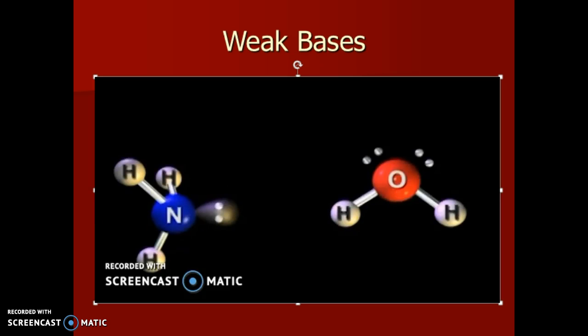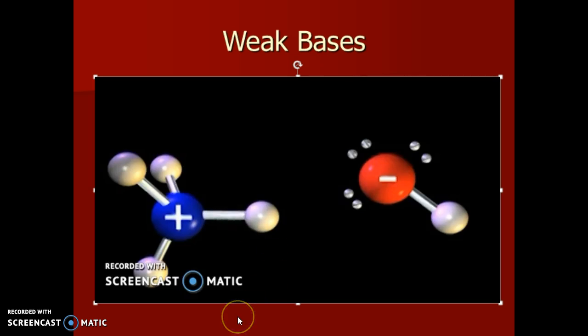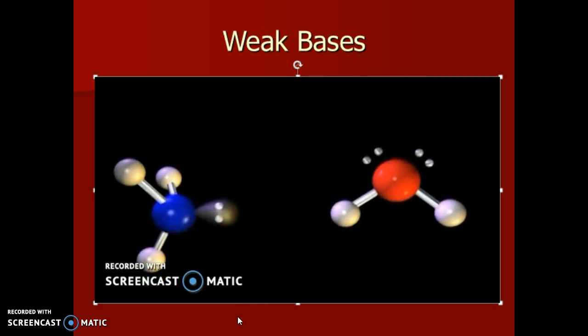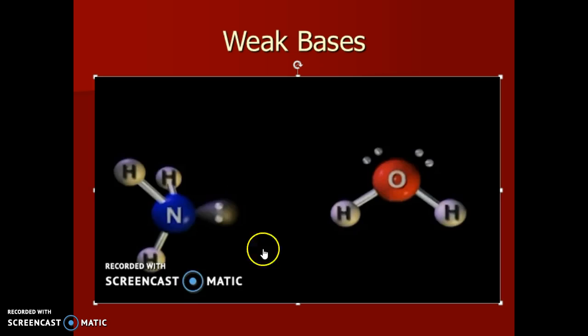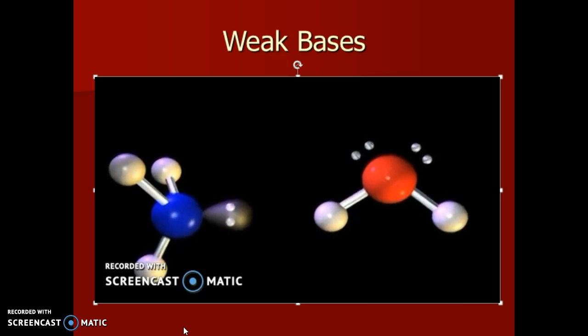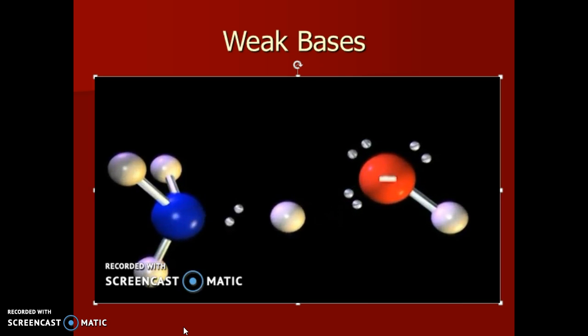So we have our NH3 compound here, and you can clearly see that there is a lone pair of electrons on it. We have a water molecule right next door, and what you just saw, which I will play again, is that the water molecule basically sidles up right next to the NH3, and because of that lone pair of electrons, NH3 becomes very attracted to the hydrogen of the water, forming a new association and therefore a new bond.